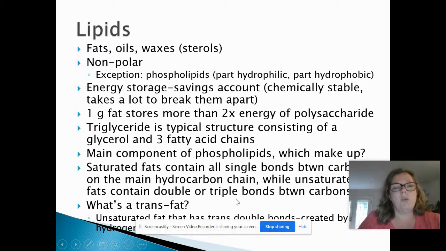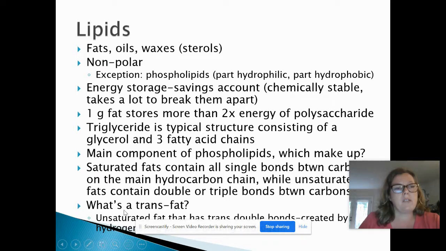We're going to get into, in our modeling activities, the difference between saturated and unsaturated molecules. But essentially, when you're looking at the main hydrocarbon chain, are you seeing double bonds or single bonds? If you have all single bonds on the main hydrocarbon chain, then it's saturated. If there are any double or triple bonds, then it's unsaturated.